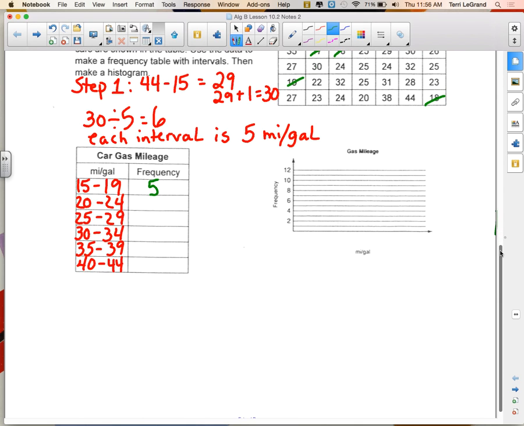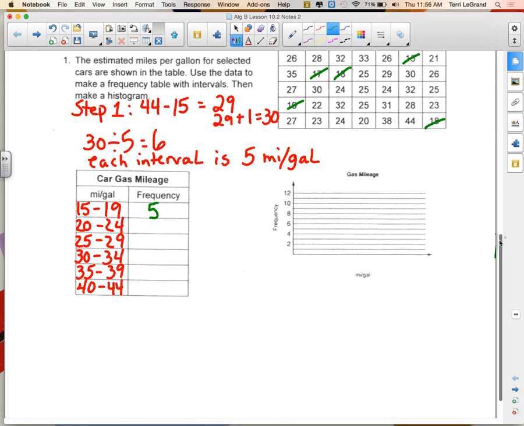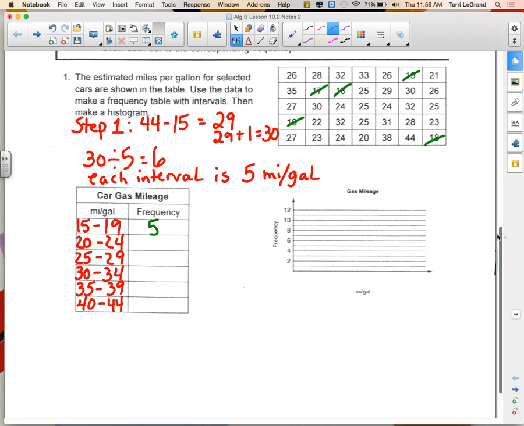Now, when you're doing the next one, we're looking for 20 through 24. I wouldn't use slash marks; go in the opposite direction, or use circles, boxes, some other different type of mark. So 20 to 24, go see how many there are. 7, 8.